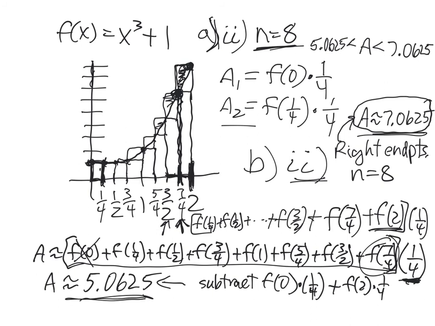Now, we have actually narrowed in on the exact area pretty good, even though we only used 8 rectangles. And like we said, to get even more accuracy, we're going to be using more and more and more rectangles. And ultimately, this leads us to the definition of the definite integral. We theoretically consider how many rectangles?